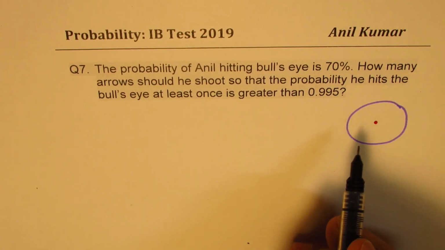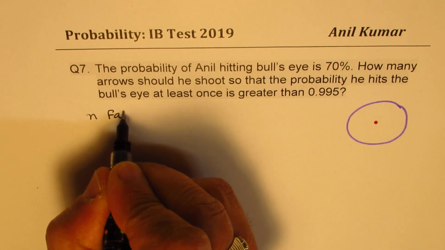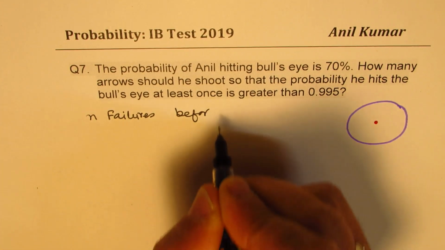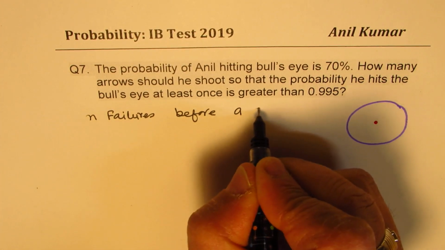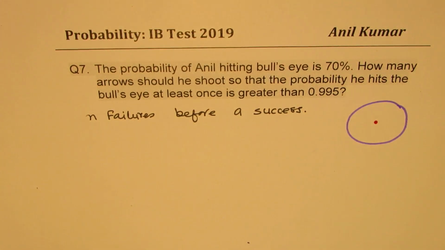So what we should be looking for here is n failures before a success. So that is kind of key to understand this.